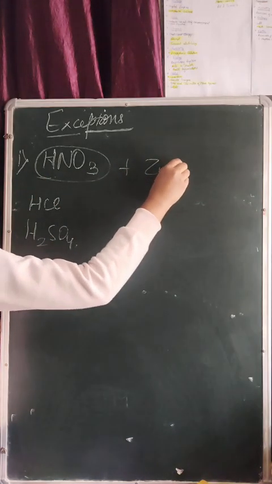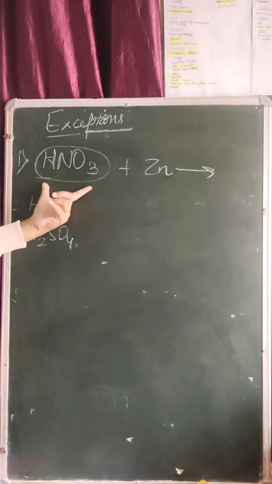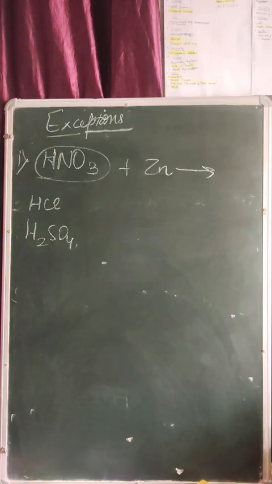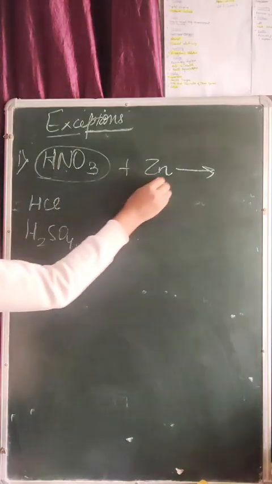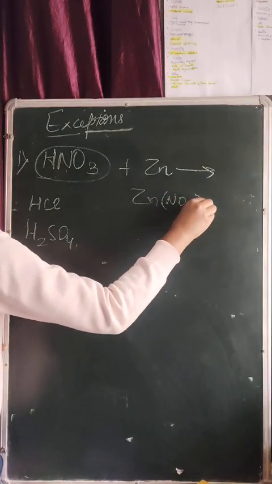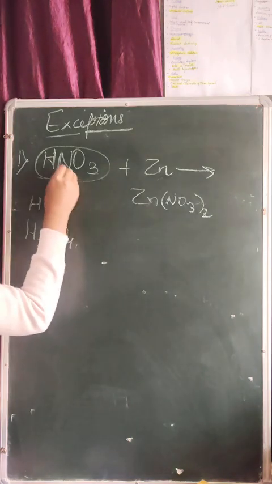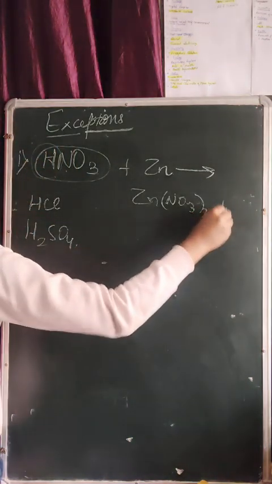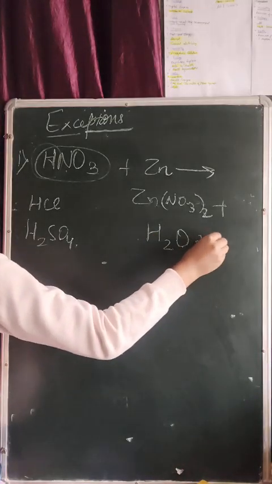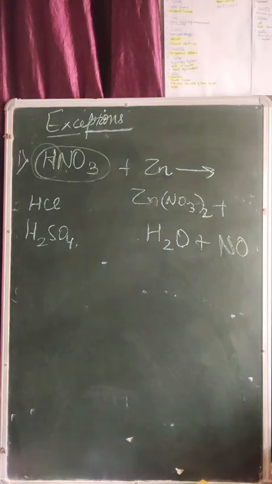Suppose we take it with zinc. What will happen? This nitric acid has the power to oxidize any compound. So it will form zinc nitrate with zinc, but it will not give out H2, rather it will give out H2O and nitrous oxide or nitrogen monoxide.